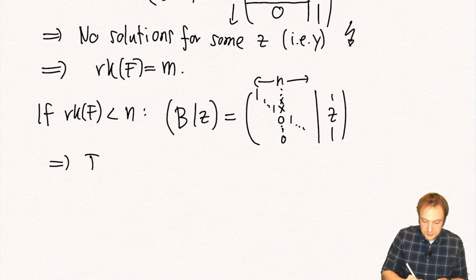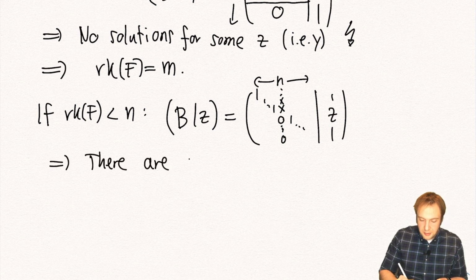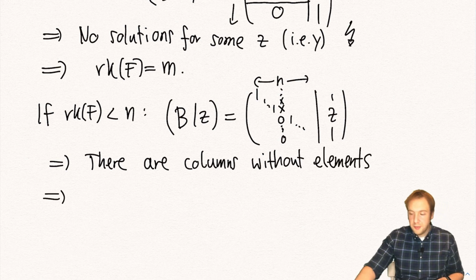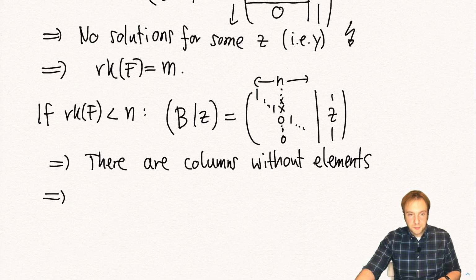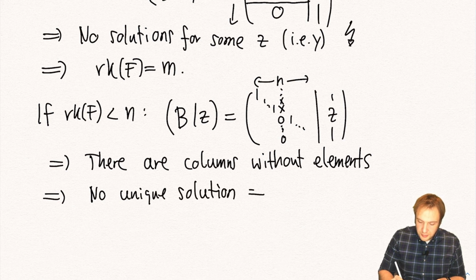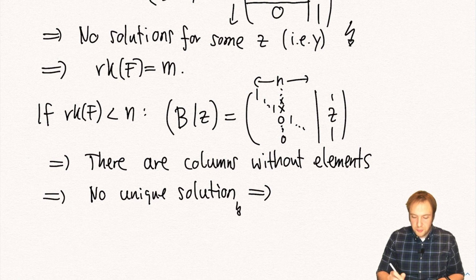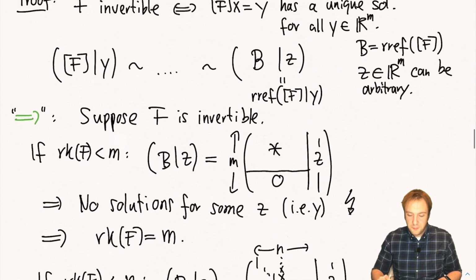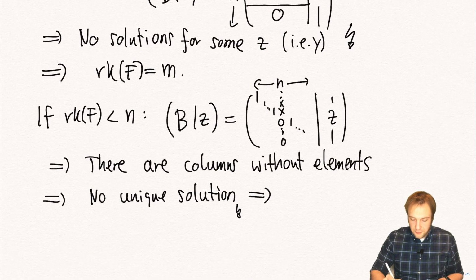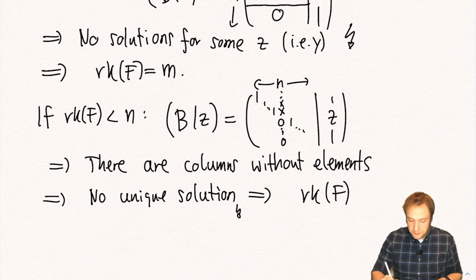So in this case there are columns without pivot elements, and this would mean no unique solution. And therefore this is a contradiction, because we assume that f is invertible, and f invertible means that for any y we have a unique solution, and therefore this rank needs to be the same as n.